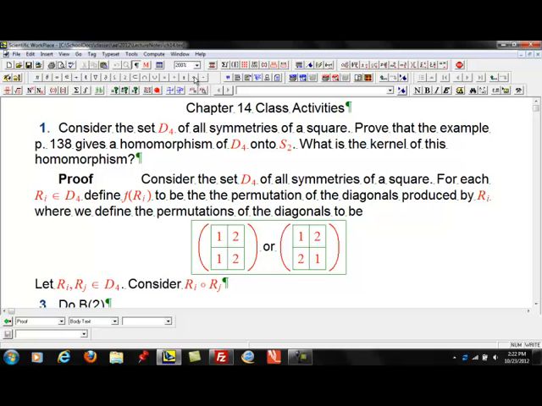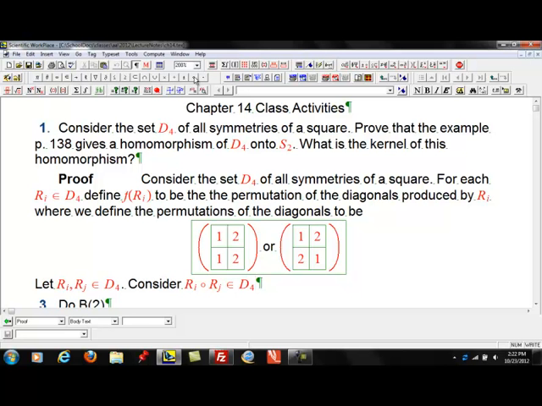What happens when we do the function composition of the two objects? It's going to be another permutation, right? Because this is a group. So the function composition is another permutation. So we just have to verify that in the case of Rj followed by Ri, that has the same behavior on the diagonals as if we just looked at the permutations of the diagonals.